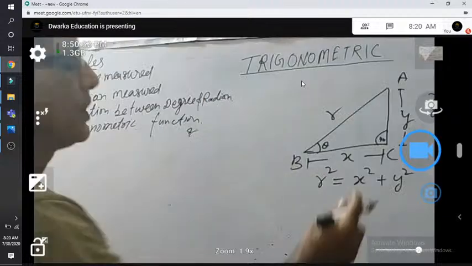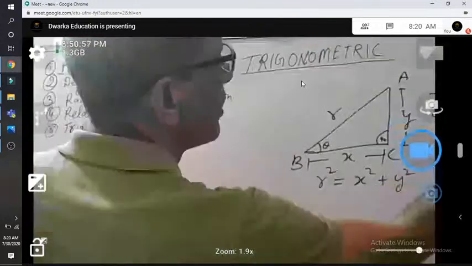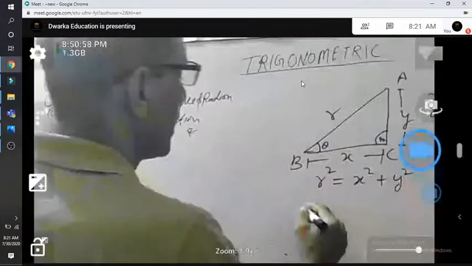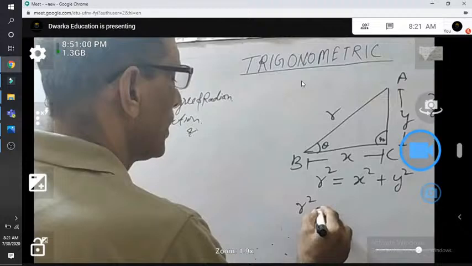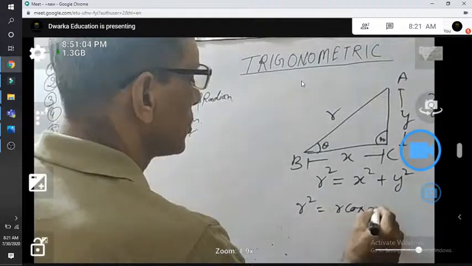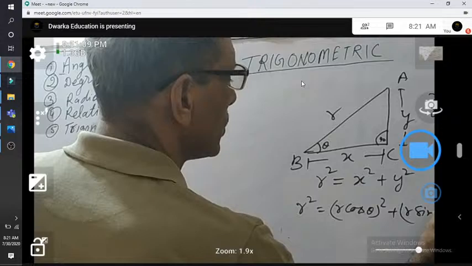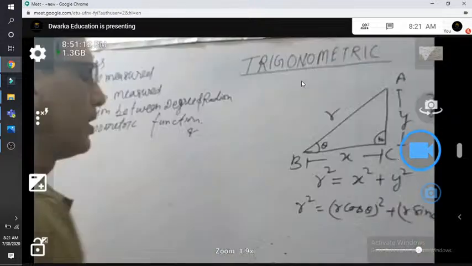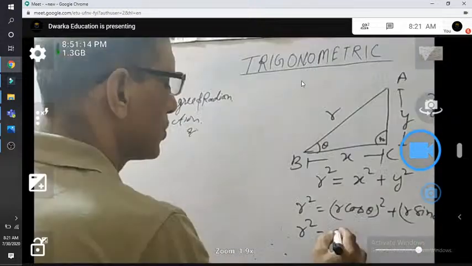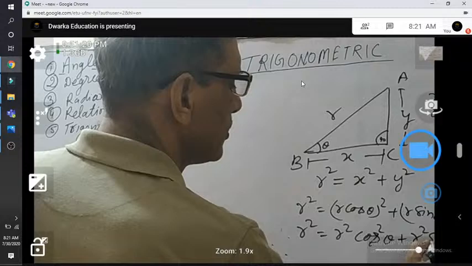And put the value of x and y from here. तो r square is equal to (r cos theta) square plus (r sin theta) square. Now we can solve this. r square is equal to r square cos square theta plus r square sin square theta.